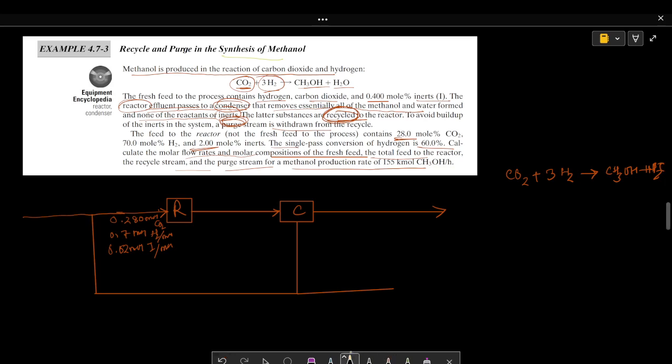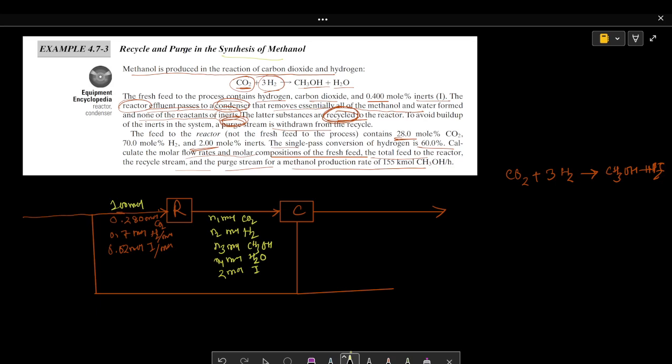We can assume the basis is 100 moles feed to the reactor. So the reactor output will be the unreacted carbon dioxide and hydrogen, n3 mole methanol, n4 mole water, and the unreacted 2 mole inerts.